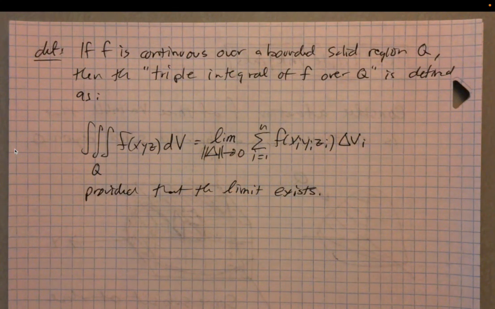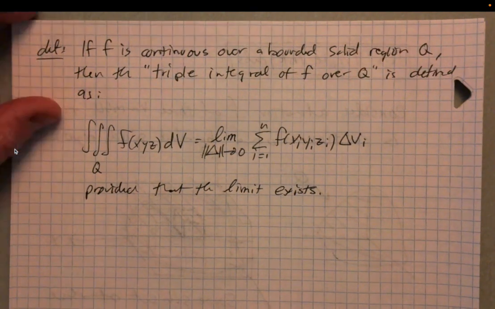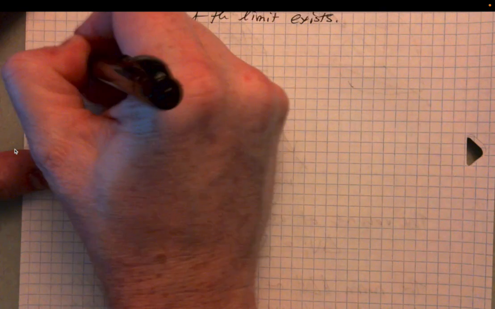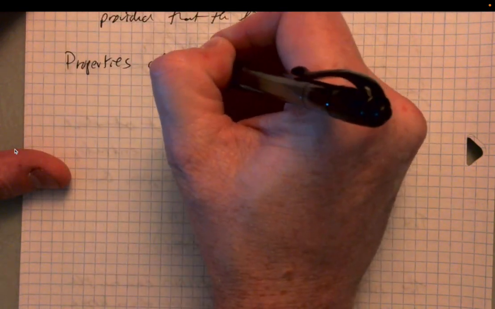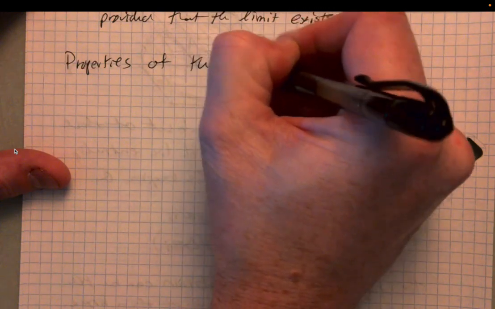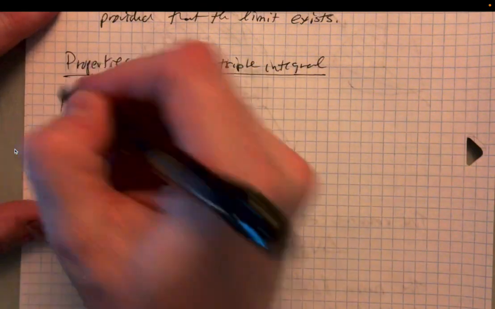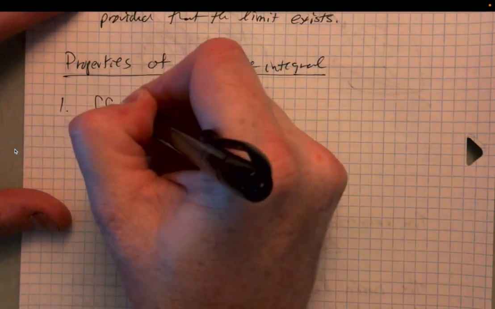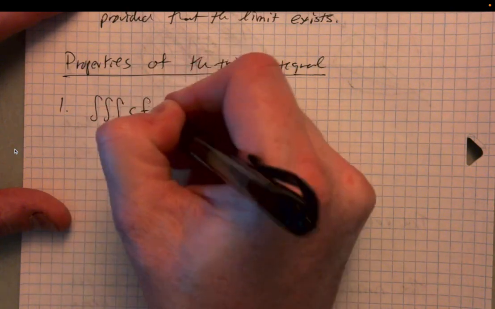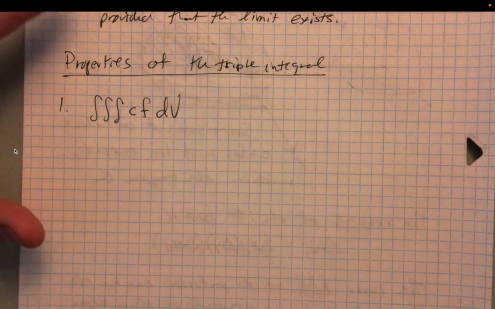Okay. Now, many of the properties that we saw for double integrals will extend naturally to triple integrals. Let's go through a quick summary of that. Properties of the triple integral. Okay, so first of all, if you multiply the function times a constant, so if I've got a triple integral of c times f dv like this, and I'm just going to abbreviate some of these things.